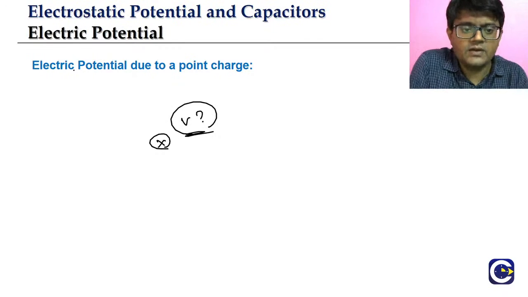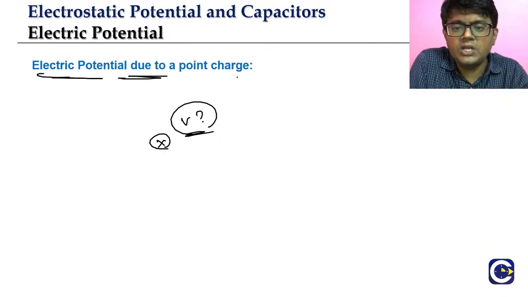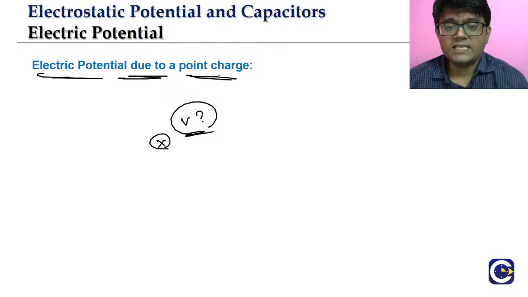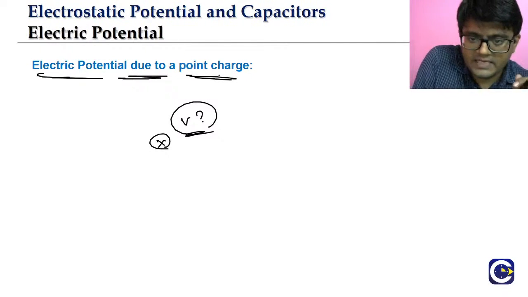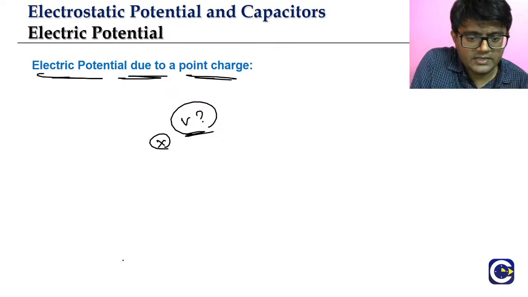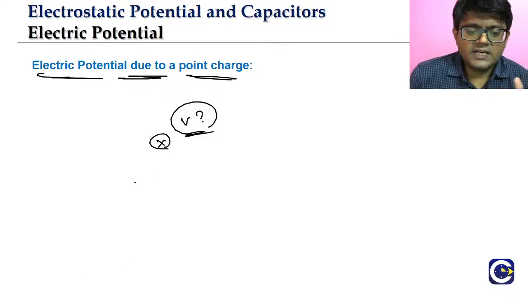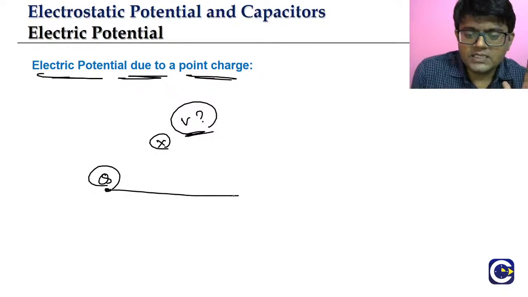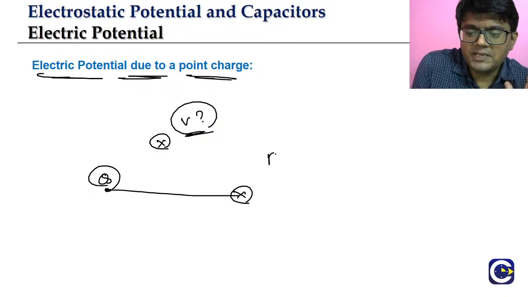First, we will look at the electric potential due to a point charge. We will start with a point charge capital Q and mark a point P at its location.